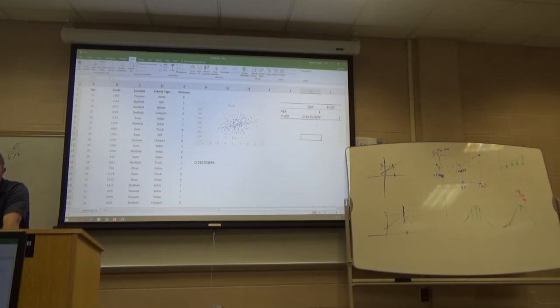Very good. Move or copy. So we click on move or copy, and let's move it to the end here. And we're making a copy, so click create a copy. Very good. And we're going to click OK. And what do we have here? We have the exact same sheet, don't we?